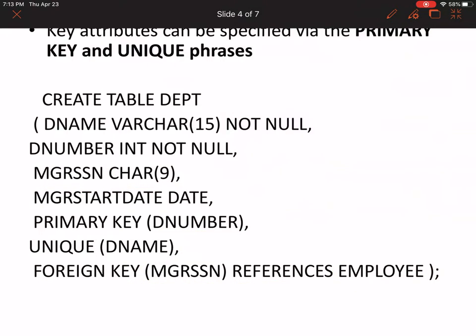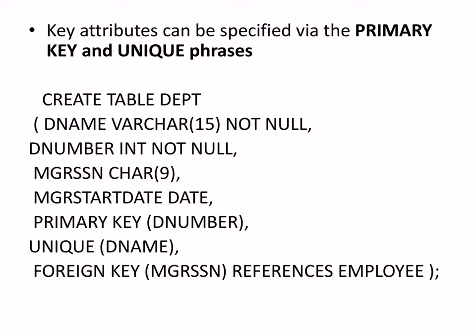A couple of constraints might look like not null. You might have a constraint wherein you are saying something is primary key, something is unique. You might as well mention foreign key. So these are a couple of things that you mention apart from the table name and column names. So this is what we learned in this particular slide. Hope I was clear.